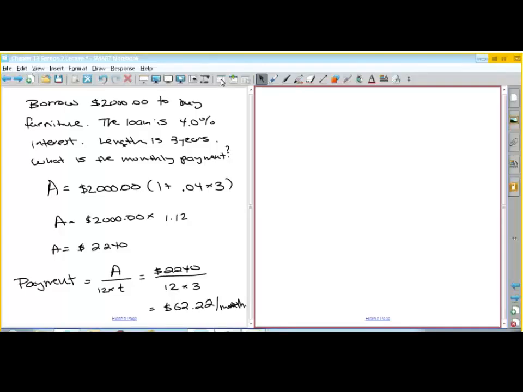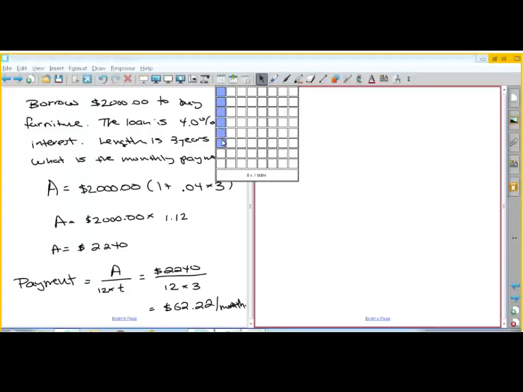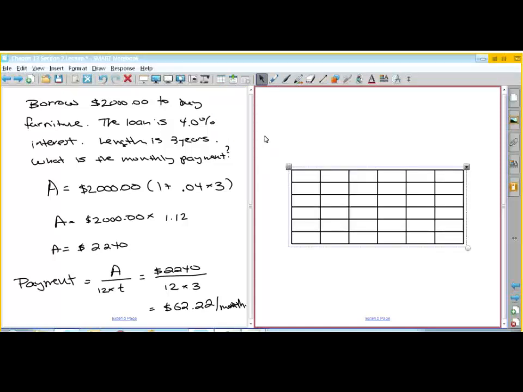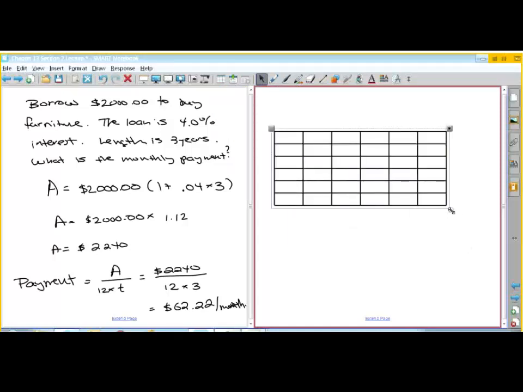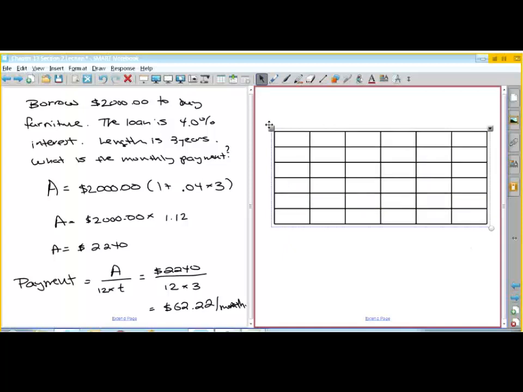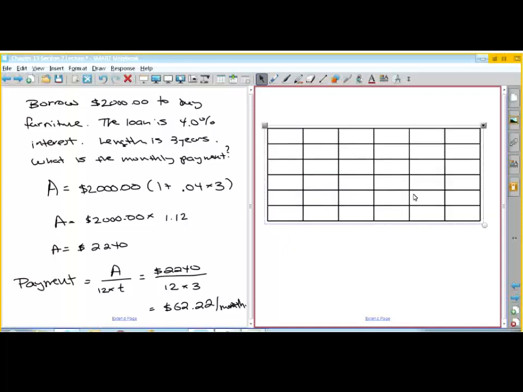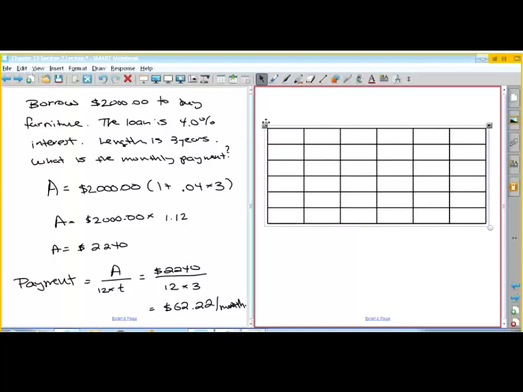So let's see, I always forget how many columns I need. I need 6 columns. And I'm not going to do it in a spreadsheet, I'm just going to do it in a table first, so we can make sure we don't get too fast and we can follow everything. So we're going to make our own amortization schedule here.